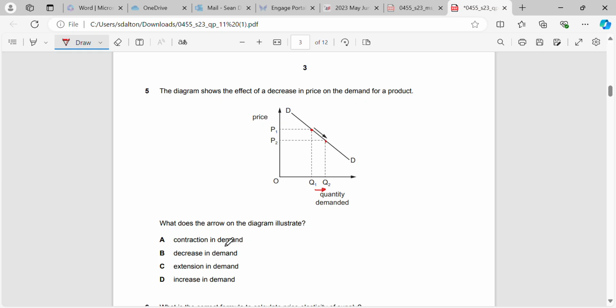So straight away, without even looking at the possibilities, we know that it has to be either an extension or a contraction. And we can visibly see that we move down and to the right, so it is an extension in demand. Increase in demand is a shift, decrease in demand is a shift, contraction would be a movement in the opposite direction, a movement to the left.